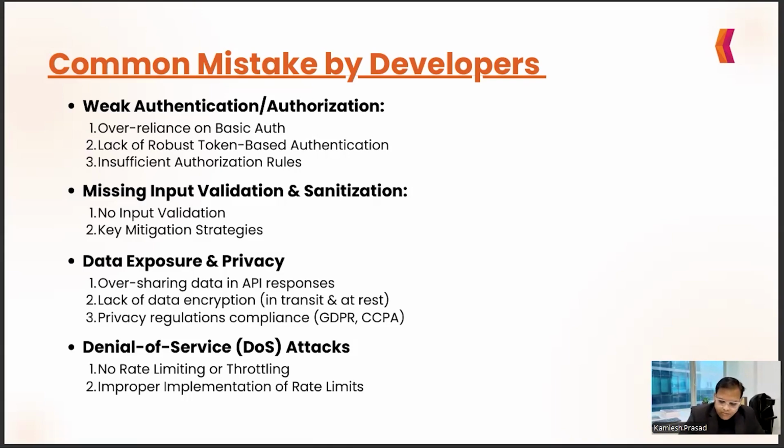That needs to be embedded into your development process. And another thing is blindly trusting third-party APIs. If it is provided by some third party, we assume that it is secure and we just start using it. If it is not secure, it actually affects our application security as well.